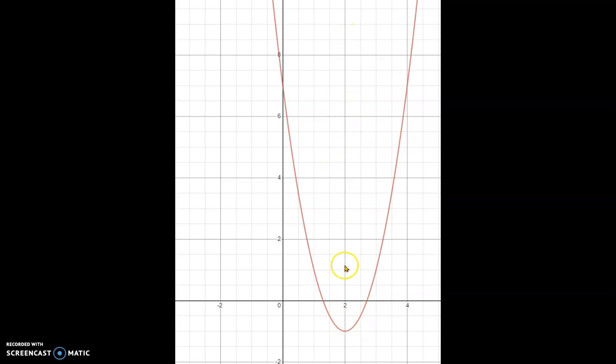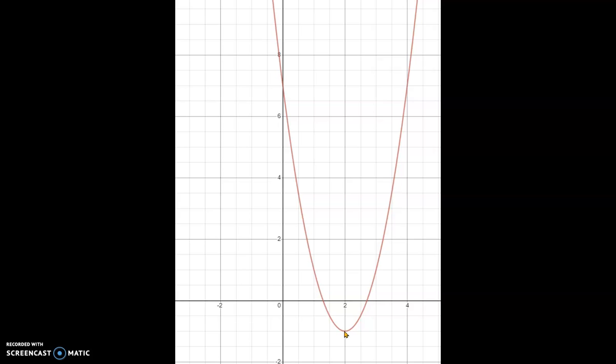You see there's symmetry along x equal to 2, meaning you can fold this graph into 2 equal parts. The next thing is that the graph goes down to a value of 1 unit downwards. So we realize that the minimum point is actually 2, minus 1.